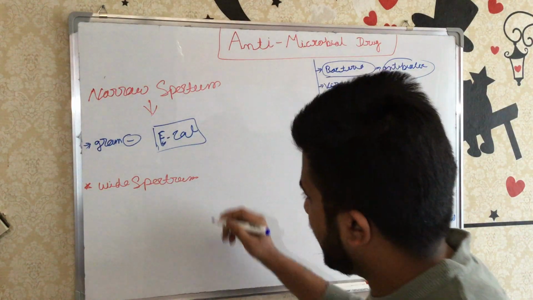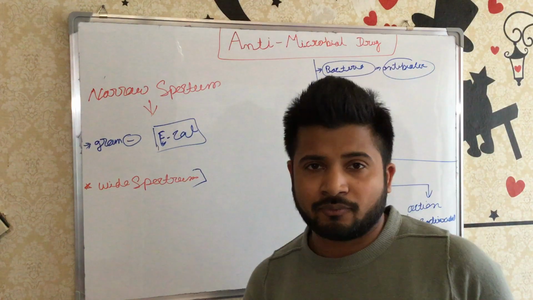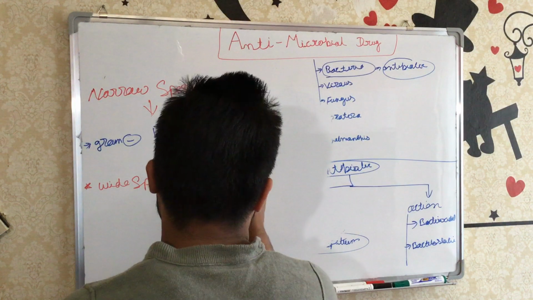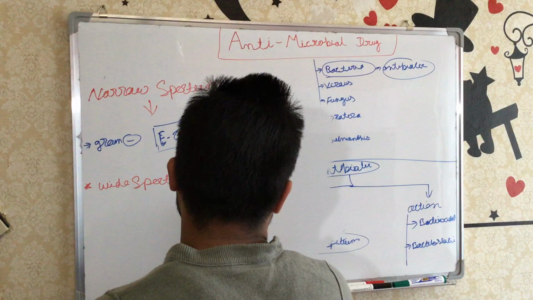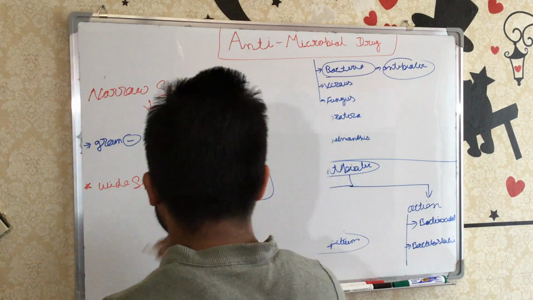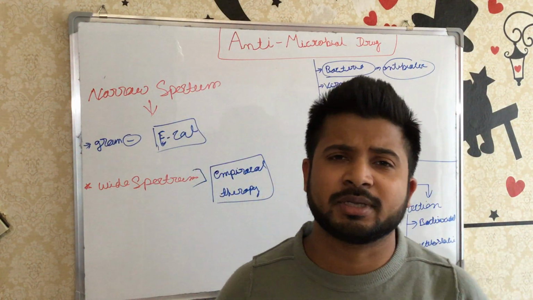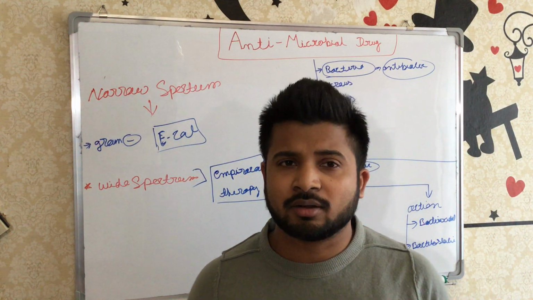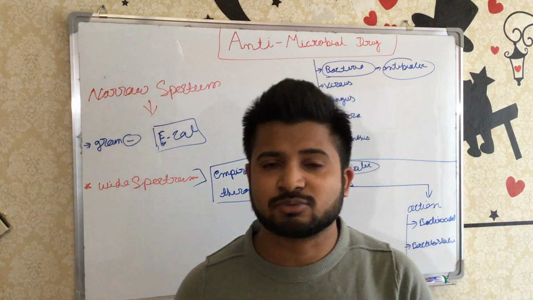And one thing I also have to mention here is empirical treatment, or empirical therapy. What is empirical therapy? It is the same thing as I said: if any patient comes to the hospital or clinic, and the person's condition is very critical, very serious, it means we don't have time to investigate which type of bacteria is there.